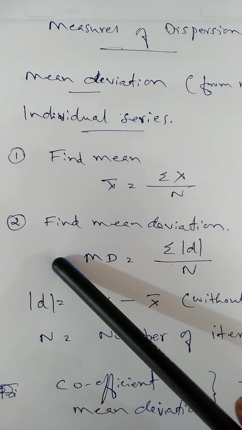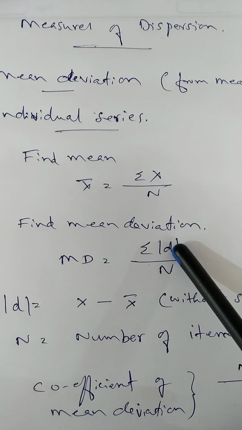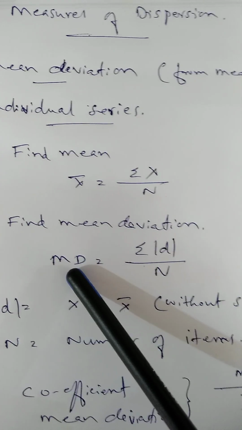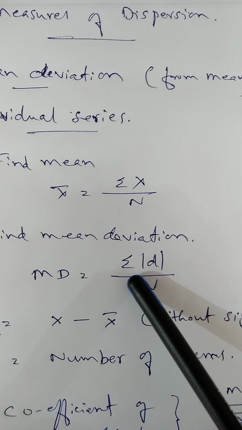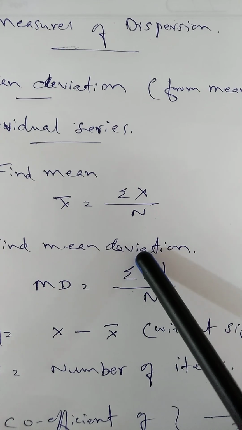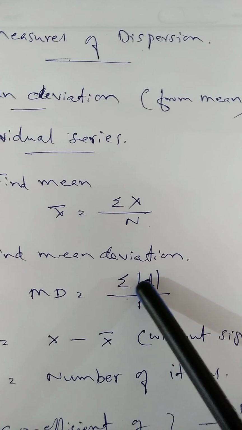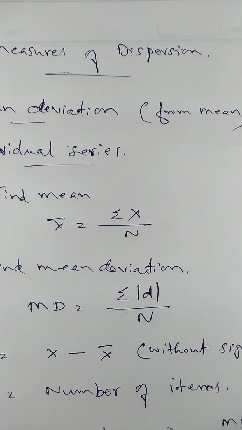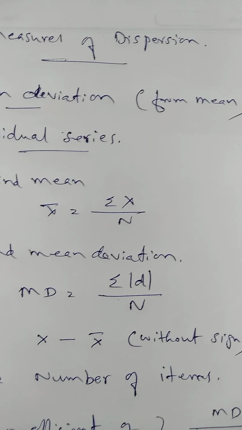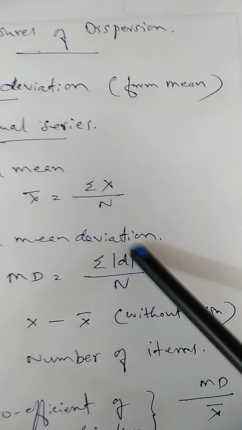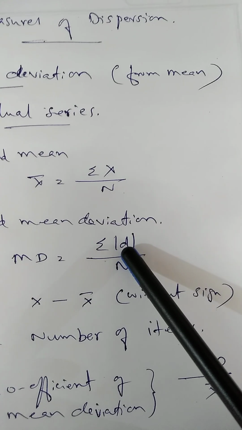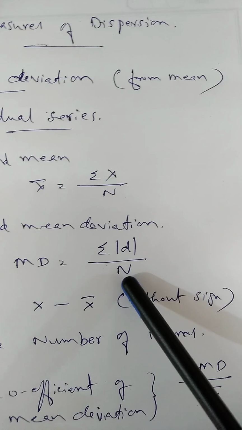And the second step is find the mean deviation. To get a mean deviation, the formula is MD, mean deviation, is equal to sigma absolute D divided by n. The two bars on both sides of D mean absolute value. Absolute value means we are not considering the positive or negative sign.